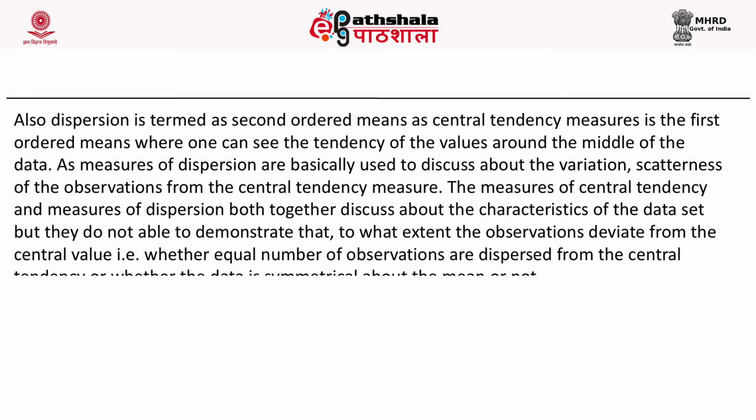The measures of central tendency and measures of dispersion together discuss the characteristics of the data set, but they are not able to demonstrate to what extent the observations deviate from the center value, that is, whether an equal number of observations are dispersed from the central tendency or whether the data is symmetrical about the mean or not.